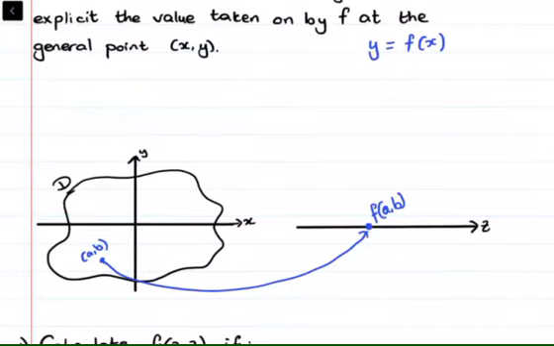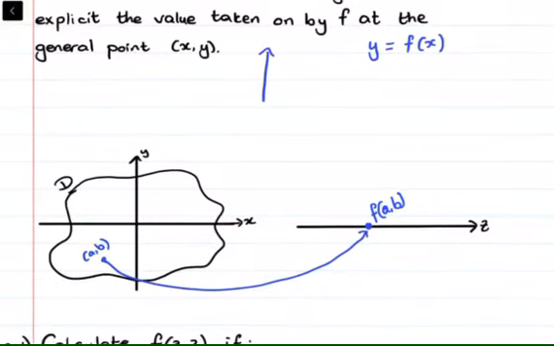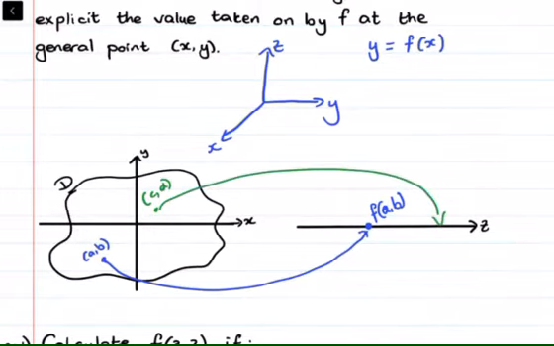We do have the y-axis and the x-axis, but this is actually a 3D graph, a 3D function, which has the x-axis, the y-axis, and the z-axis, which looks like this. So that would be x, y, then z. Say another point, let us call it (c, d). Then when it maps, because of the rule, it maps to the z value, and the z value there is f at (c, d).